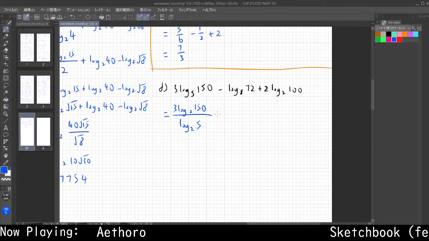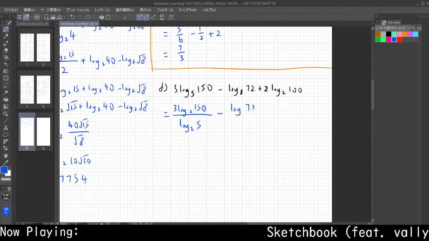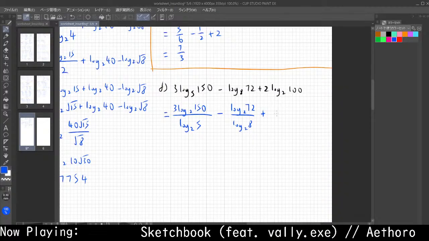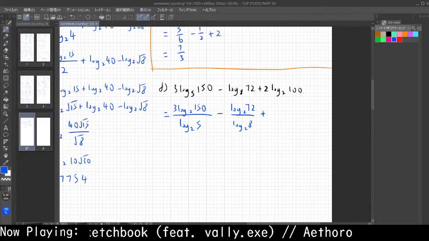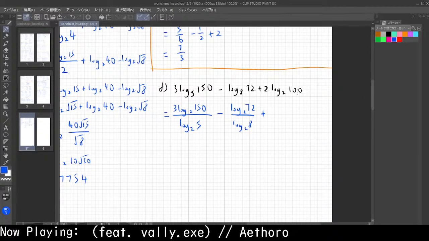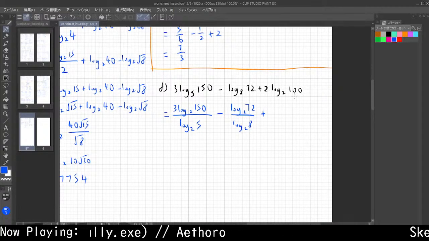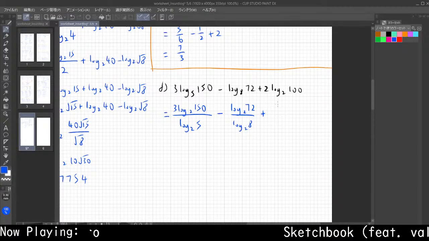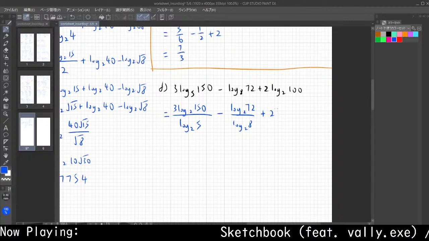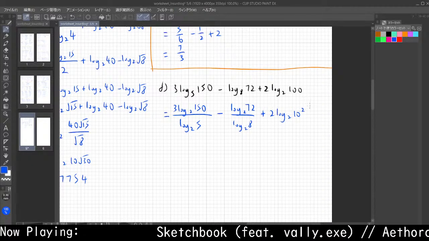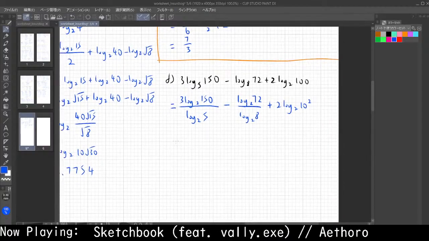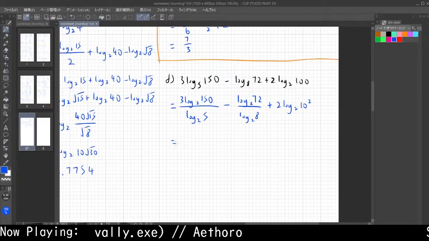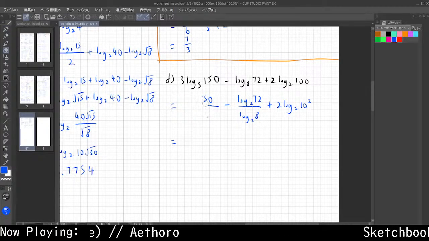Still base 2, minus log 72 over log 8 base 2, plus this is already in base 2. 100 is 10 squared, but it's not simplifiable. That's the main issue. Okay, let's go through all of this. I should put a star on this question. It is very annoying to go through this, more annoying than anything else actually. Okay, you know what?